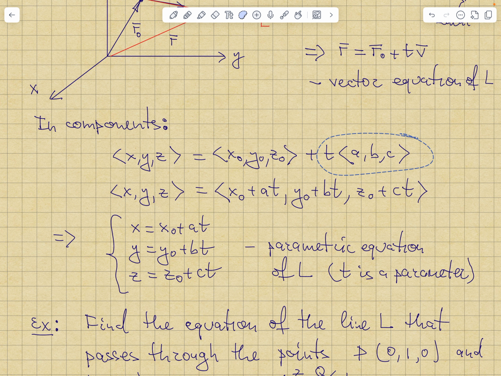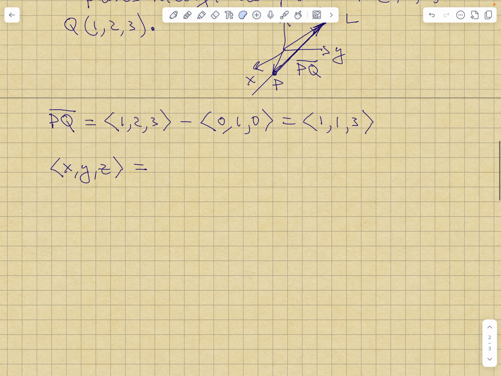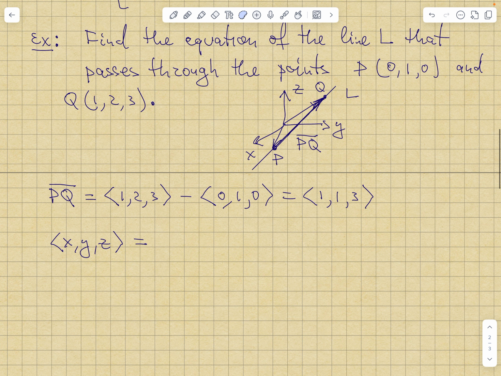So P has a position vector 0, 1, 0 plus t times a vector in the direction of the line, and in this case it's vector PQ, so it's 1, 1, 3. So again, this is a vector equation for L.